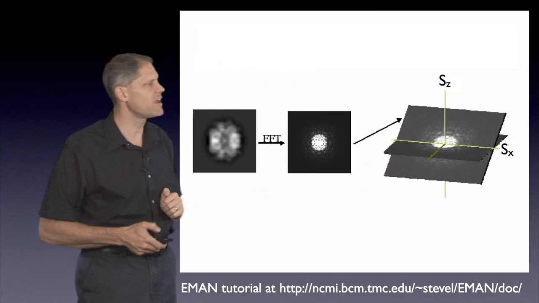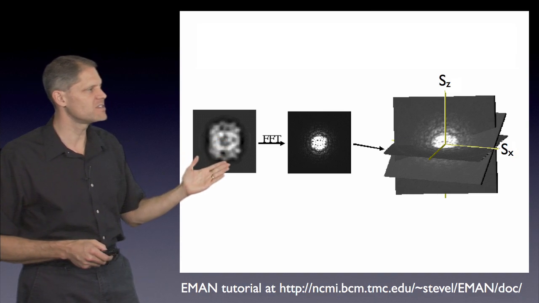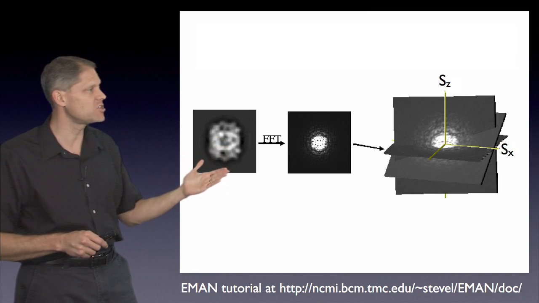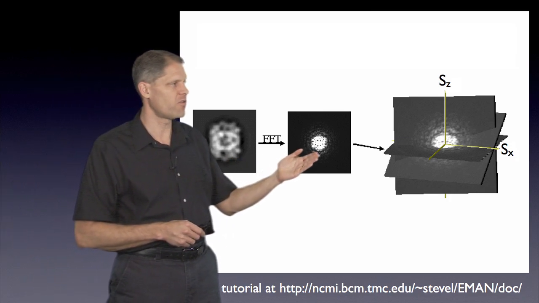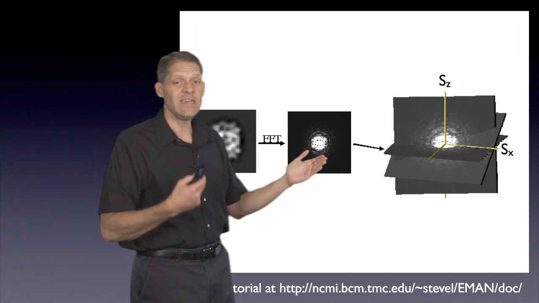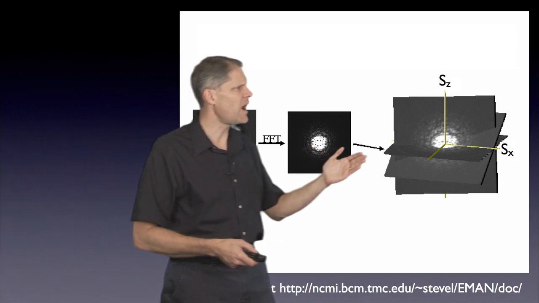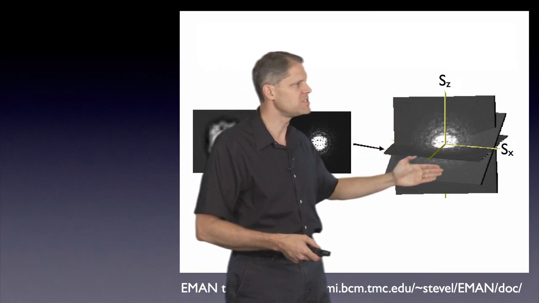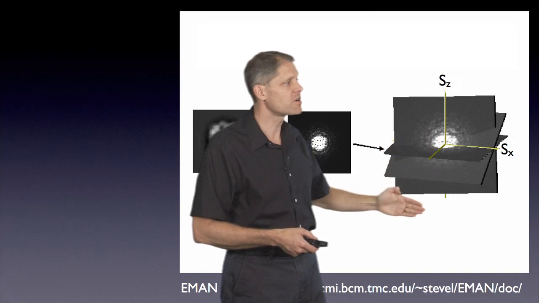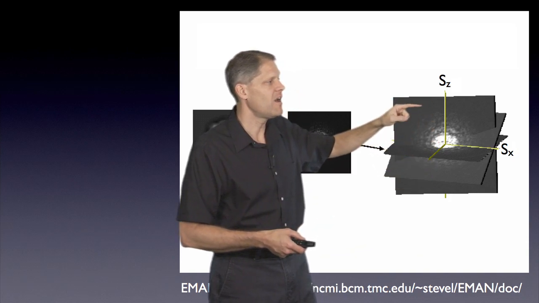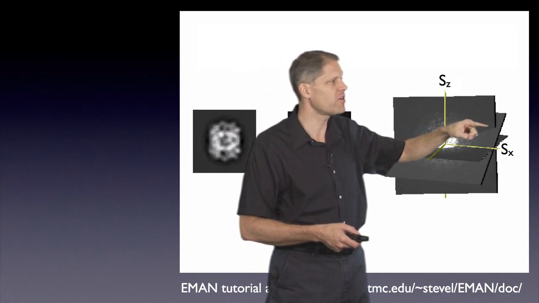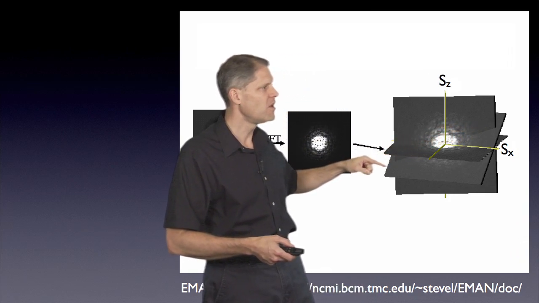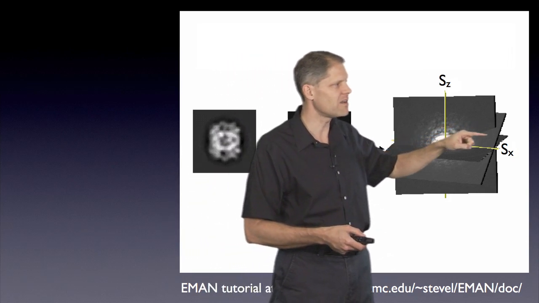However, if we then take our third image, so imagine this is the third image of our particle from some random orientation, and we calculate its Fourier transform, then these amplitudes and phases will lie upon yet another plane within reciprocal space. And if we search for the line of amplitudes and phases that the third transform and the second transform have in common, we might find that they have this line in common.